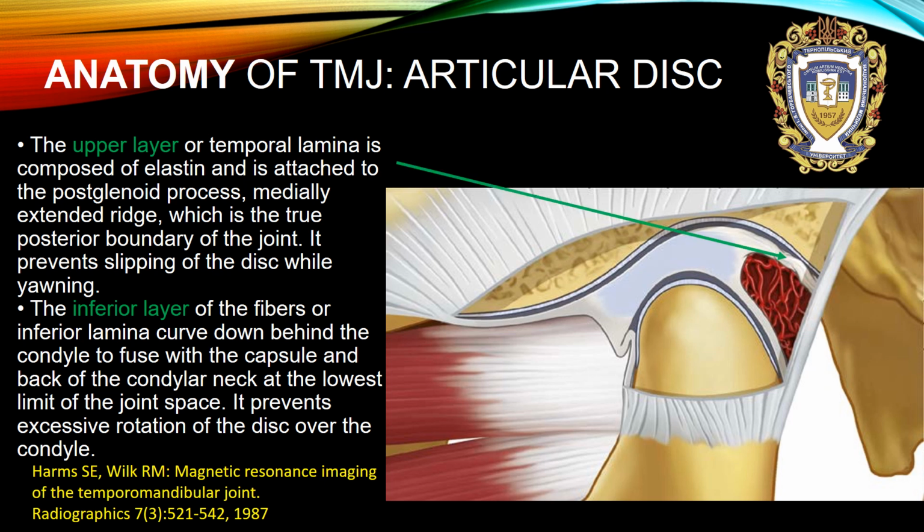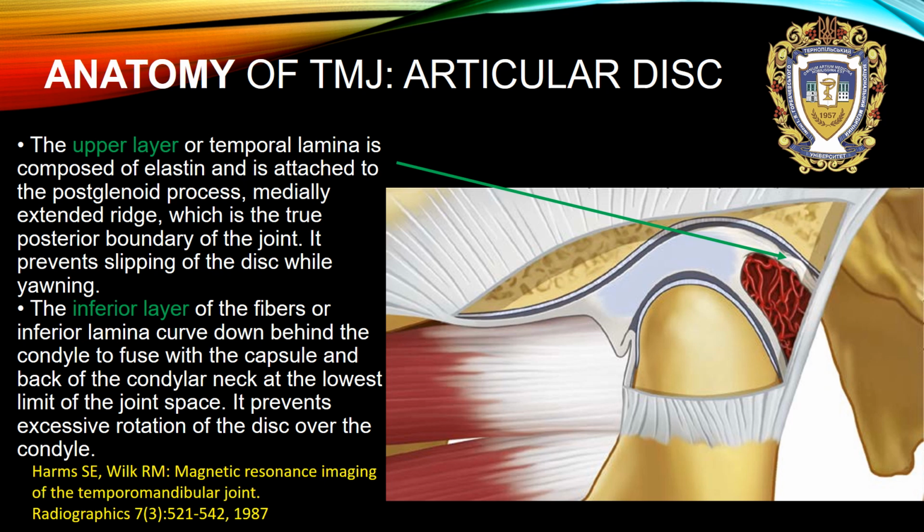The upper layer, the temporal lamina, is composed of elastin and is attached to the postglenoid process, a medially extended ridge, which is the true posterior boundary of the joint. It prevents slipping of the disc while yawning.